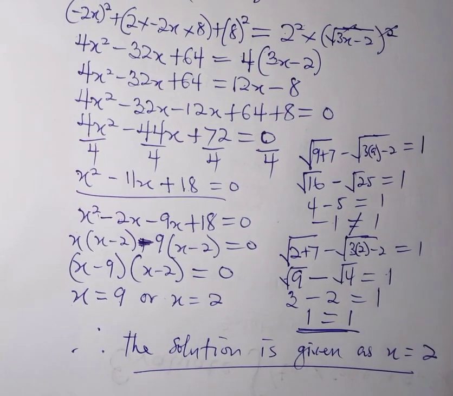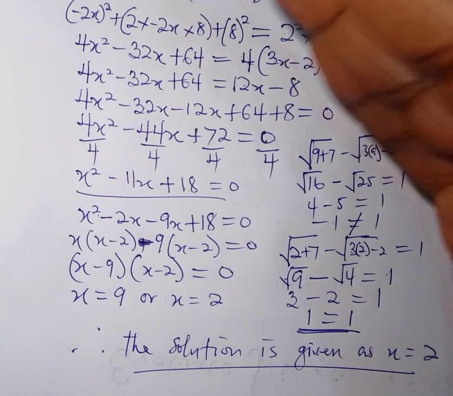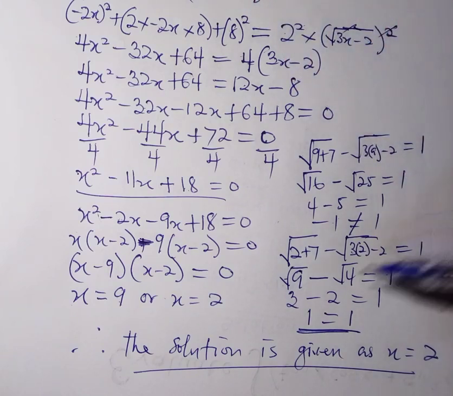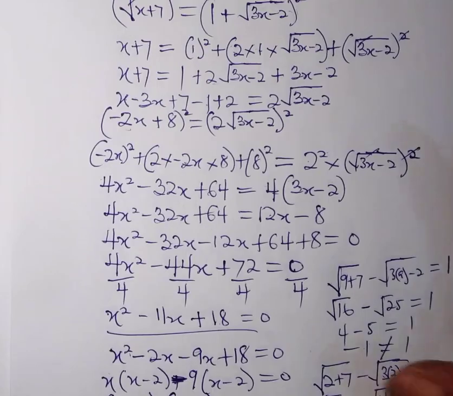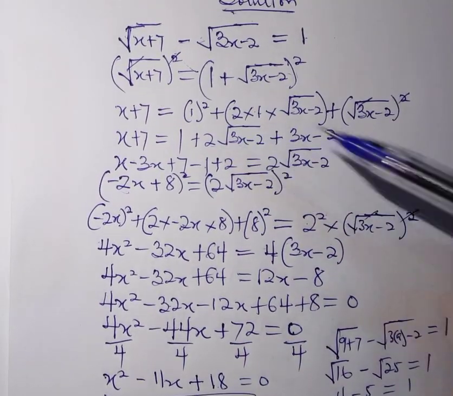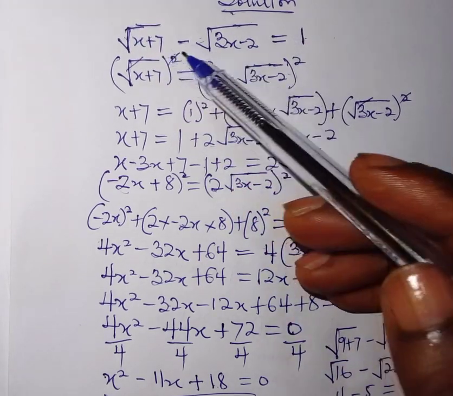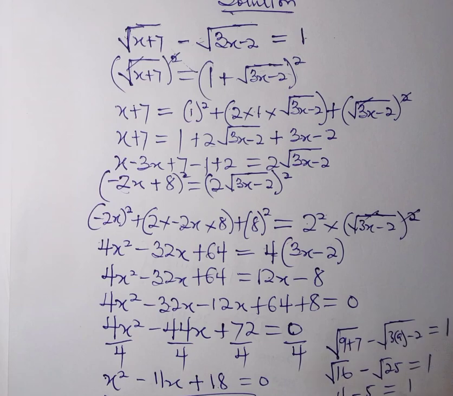So whenever you are asked to solve equations involving radical signs, after working out, don't leave your answer like that. What you do is substitute the solution back into the main question given to you. If any of the answers satisfies the condition, then that will be your solution.